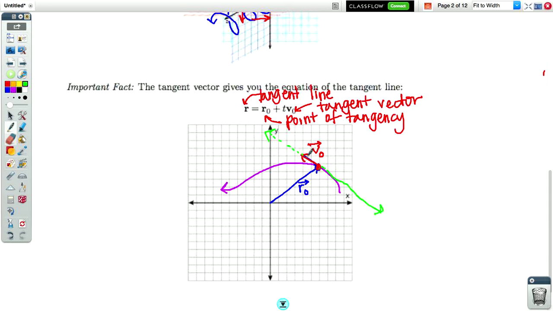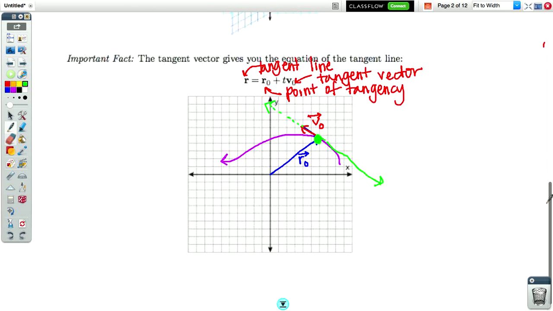As long as I'm starting that vector at this initial point of tangency, and then extending it as far as I want in either direction with this t value, I'm defining a tangent line, which is what this little r is. That's the equation of our tangent line. So your starting point plus really anything times your tangent vector gives you the equation of the tangent line.